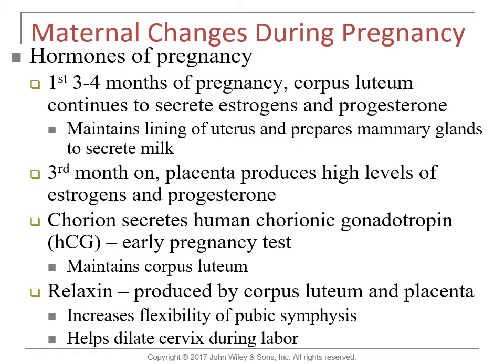As noted previously, the chorion of the placenta secretes human chorionic gonadotropin, HCG, into the blood. In turn, HCG stimulates the corpus luteum to continue production of progesterone and estrogens, an activity required to prevent menstruation and for the continued attachment of the embryo and fetus to the lining of the uterus.